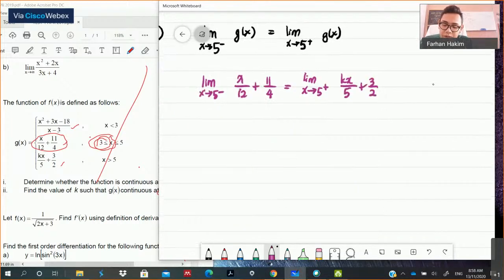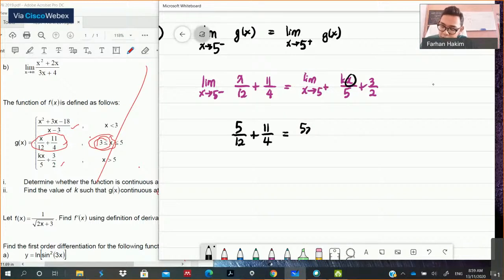We can substitute the value of x with 5. So we have 5 over 12 plus 11 over 4 equal to 5k over 5 plus 3 over 2, because we substitute the value of x with 5.